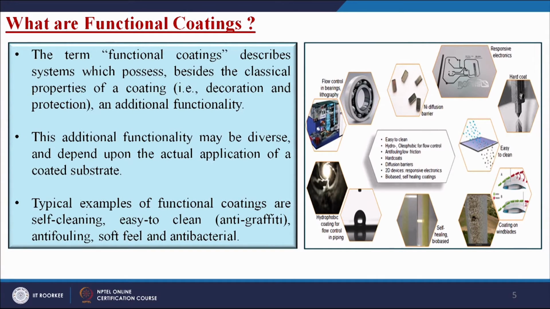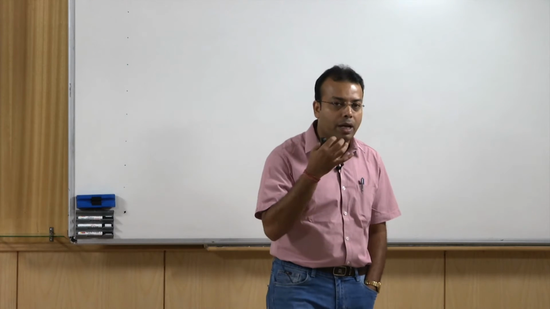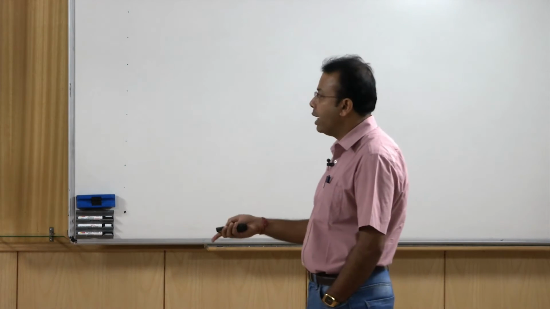These additional functionalities may be diverse and depend upon the actual application of a coated substrate. Typical examples of functional coatings are self cleaning, easy to clean, anti-graffiti, anti-fouling, soft feel, and antibacterial. So, these all are examples of functional coatings. From the right hand side figure, you can understand that we are going for some kind of mechanical bearings, maybe fasteners, some kind of electronic circuits, some kind of tools, or maybe self healing bio based materials, or to make materials hydrophobic or hydrophilic, we can do this kind of functional coatings.